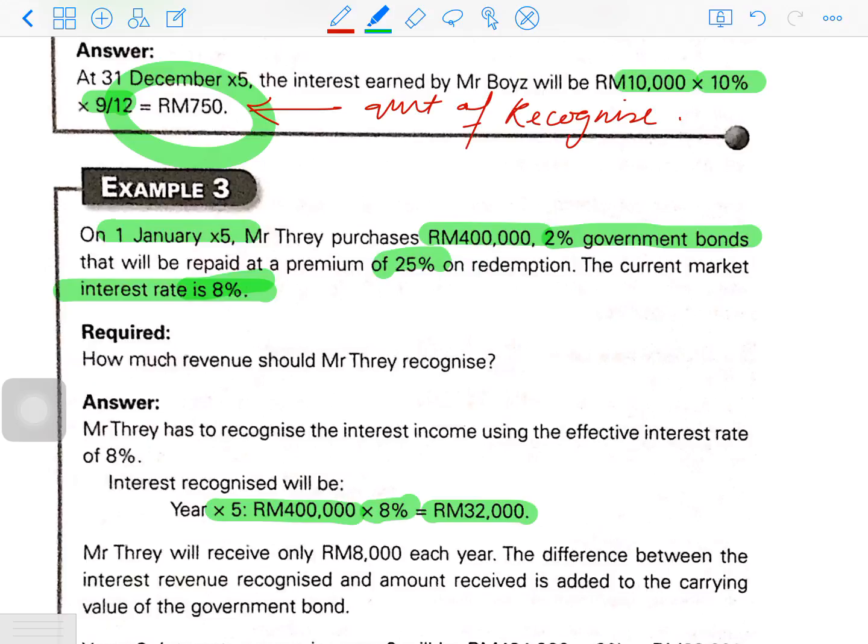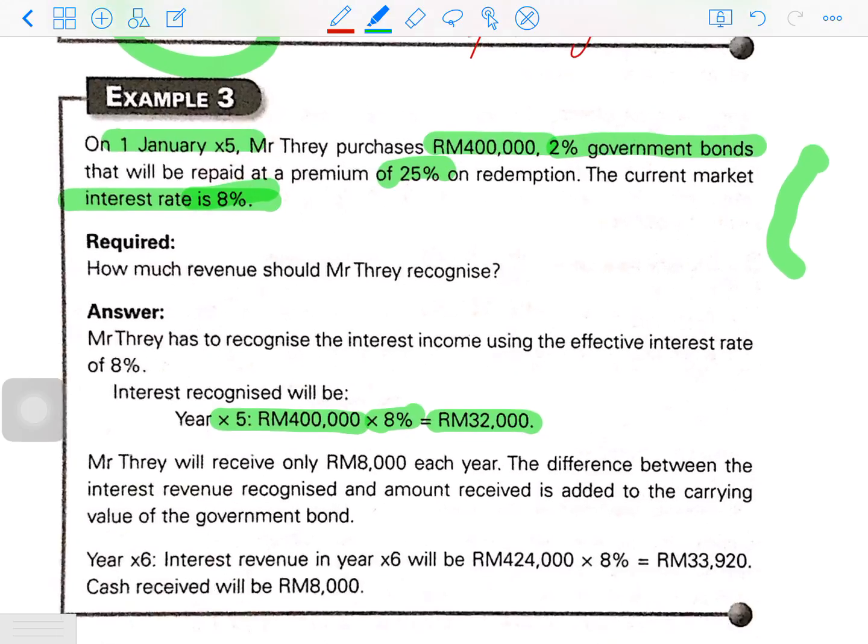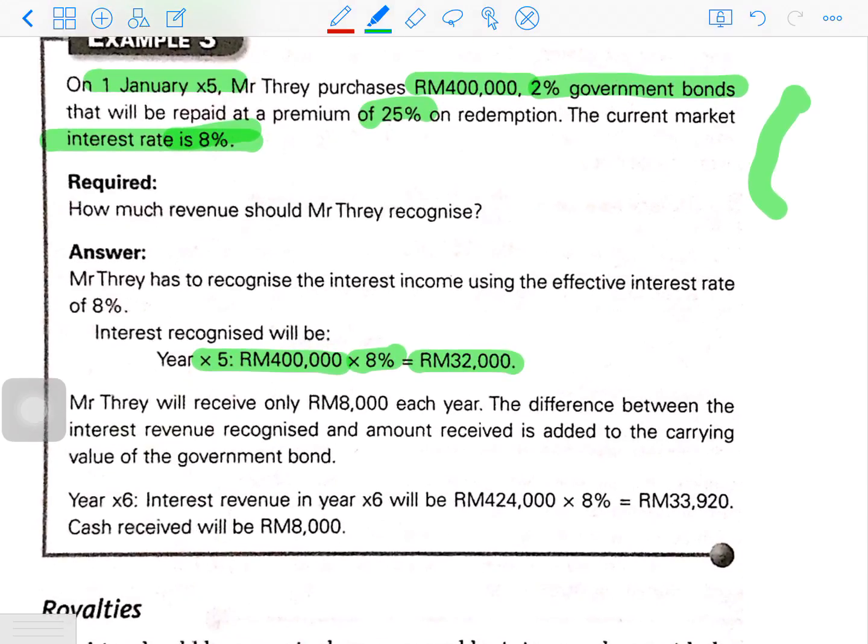January, government bond will be repaid at a premium. Here he mentioned below that Mr. Trey will receive only 8,000 each year. Because the question is not clear, it doesn't mention how many years the bond is for.